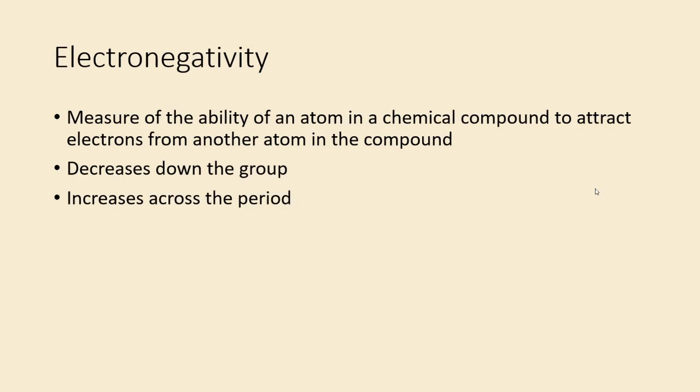Our last trend is electronegativity, which is essentially the ability of an atom in a chemical compound to pull electrons from another atom in that compound. My electronegativity is going to decrease going down the group, and it's going to increase across the period.